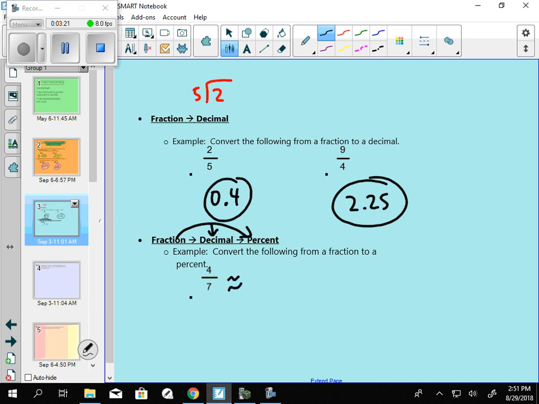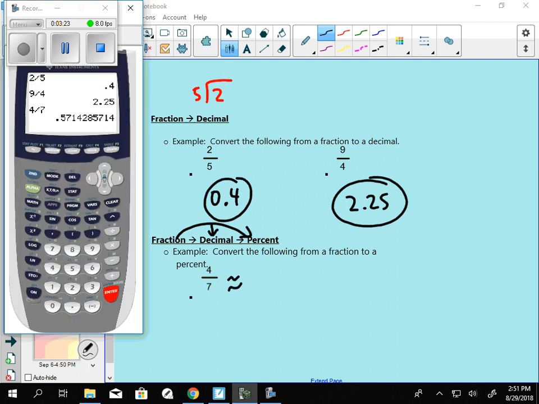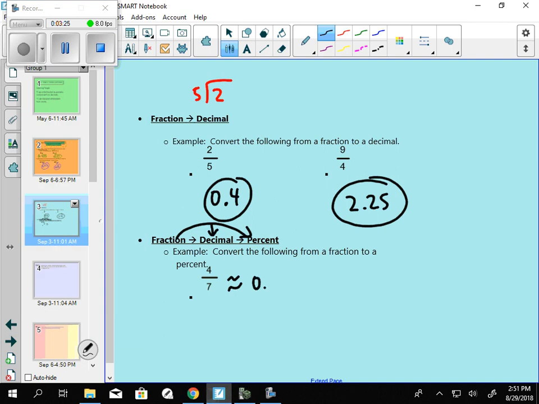Okay, so when we use these squiggly lines in math, that means approximately 0.571. It's not exact, it's about equal to that. Now if we take that and convert it to a percentage, we know about what percentage that is. So we could times by 100 or use our little trick of moving it over 2 times, and 4/7 is approximately equal to 57.1%.